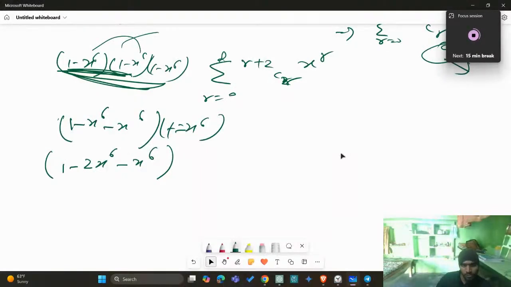We only need the coefficient of x to power 9.